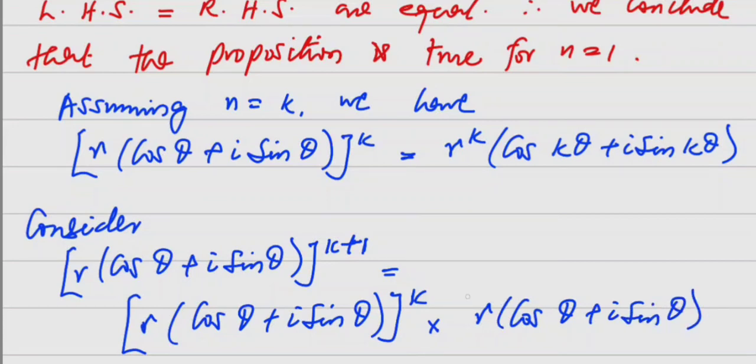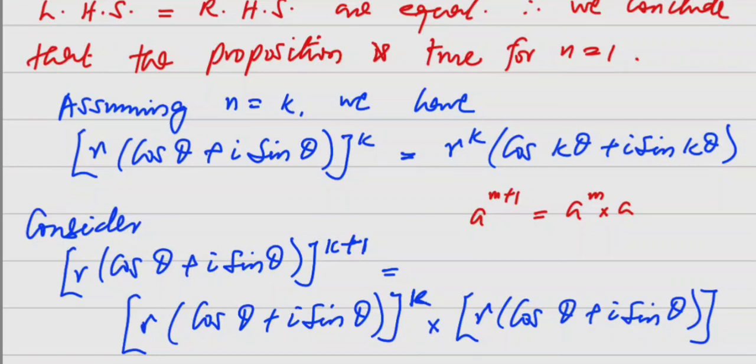That is using the principle of indices: if you have a raised to power m plus 1, it will be equal to a raised to power m multiplied by a. So this is our a to the m and this is a. So we'll now try to simplify this.